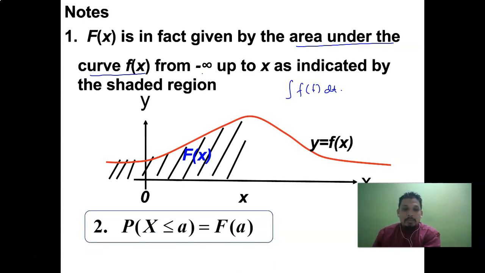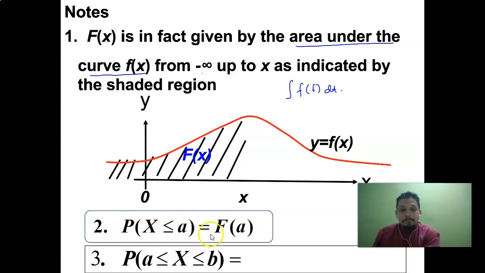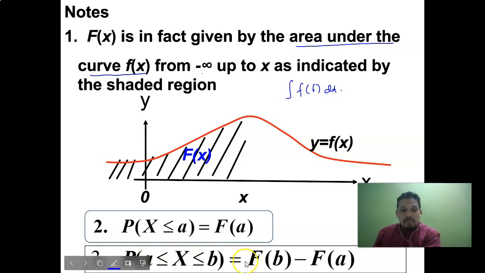And the cumulative distribution function F(a) equal to the probability of x less than or equal to a. Okay, so for this one here, we can simplify as F(b) minus F(a). So with all these symbols, it's better we look into the examples so we can see clearly what it's all about.